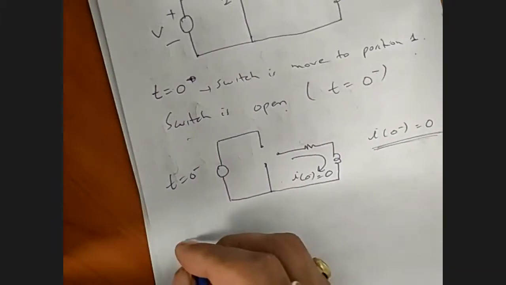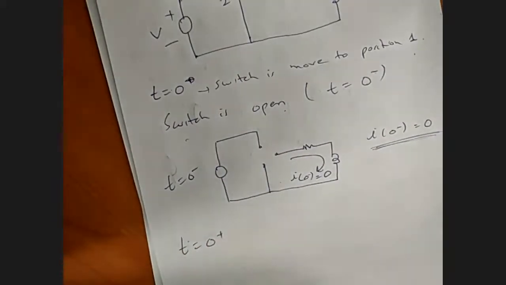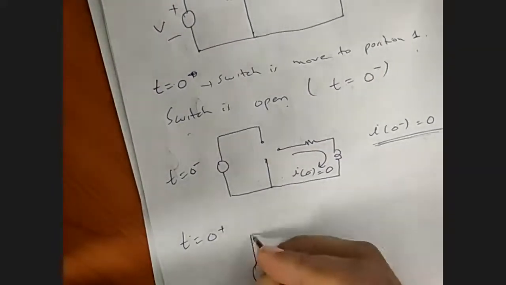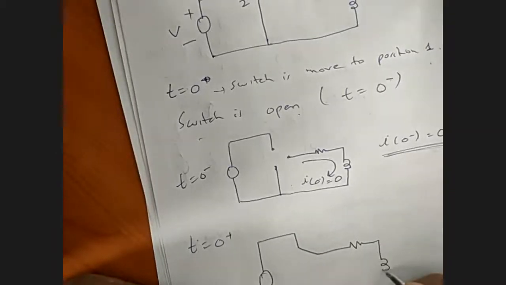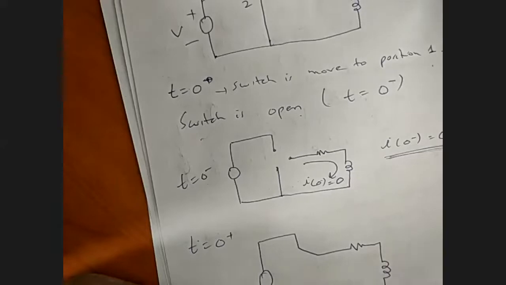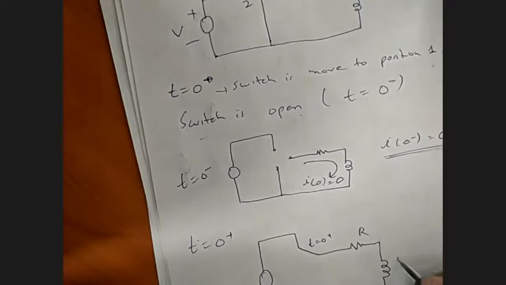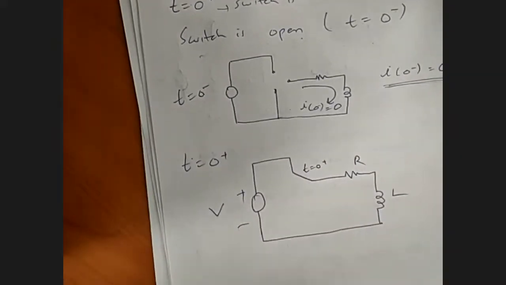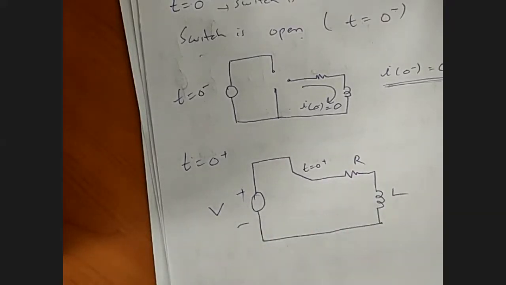Then you have to draw the circuit at t equal to 0 plus. So at t equal to 0 plus, your circuit will be like this. Now I have to find out I0 plus.